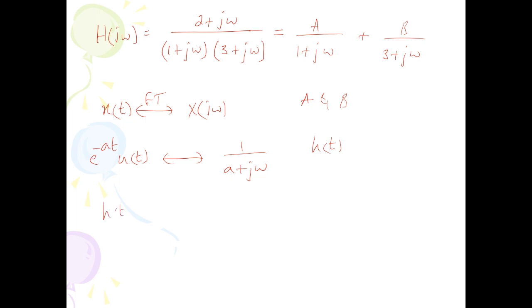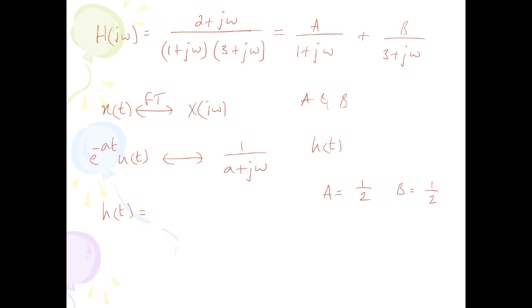By simplifying these a and b values, we can calculate the impulse response h of t. After simplifying using partial fraction expansion, a is 1 by 2 and b is 1 by 2.